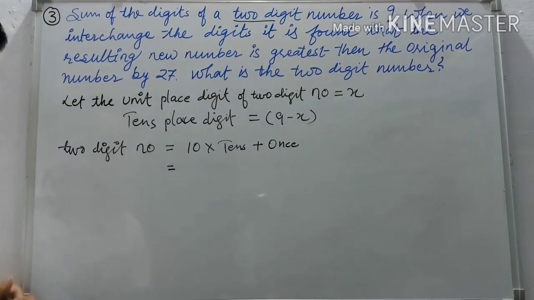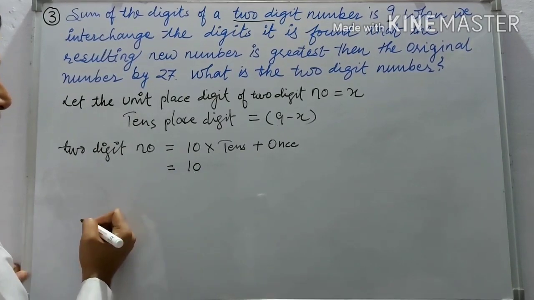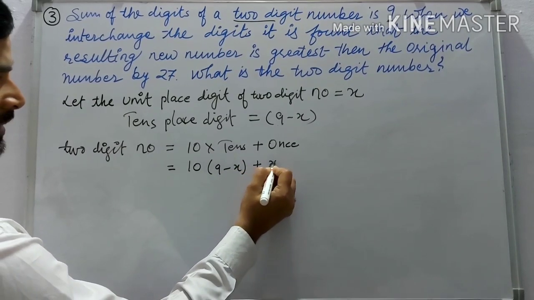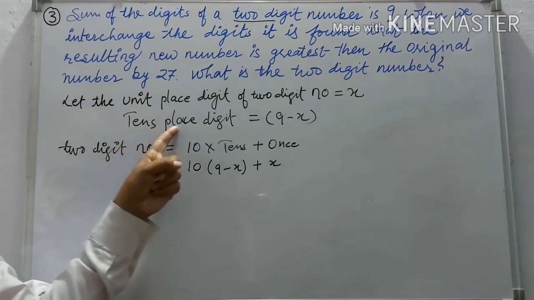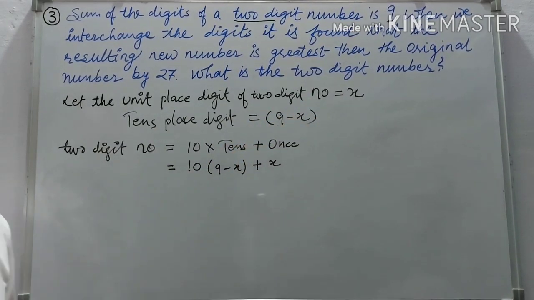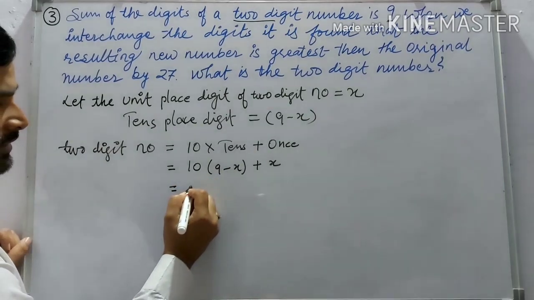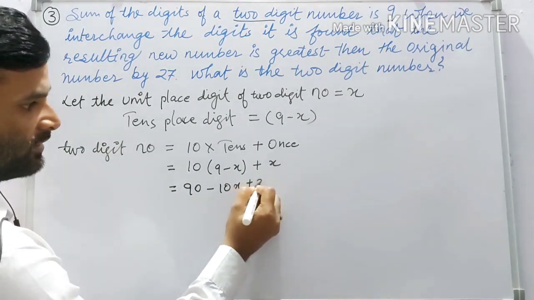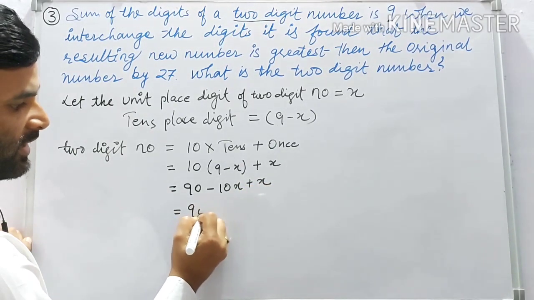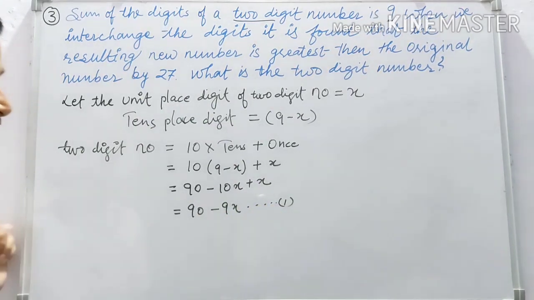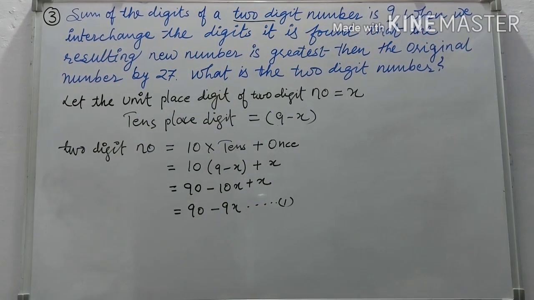The tens place digit is 9 minus x, and the ones place digit is x. So the number is 10 into (9 minus x) plus x, which is 90 minus 10x plus x, equal to 90 minus 9x. This is equation 1, the original number.